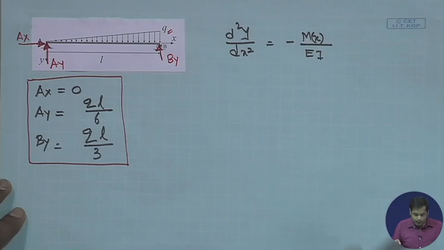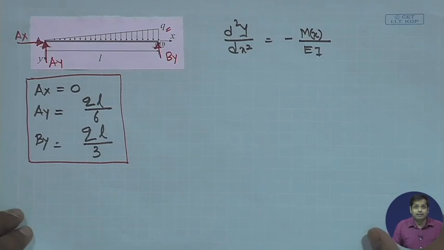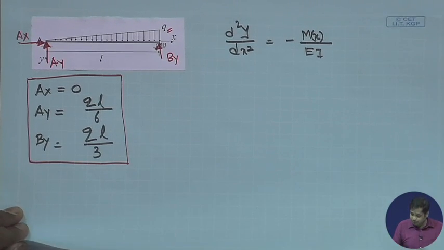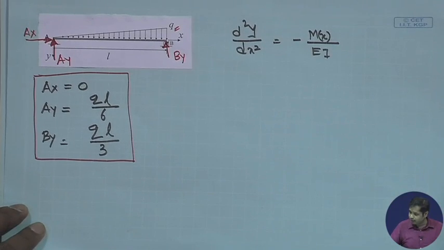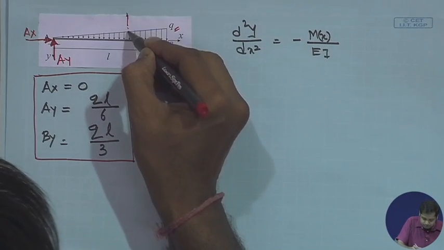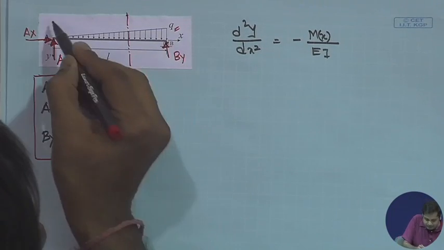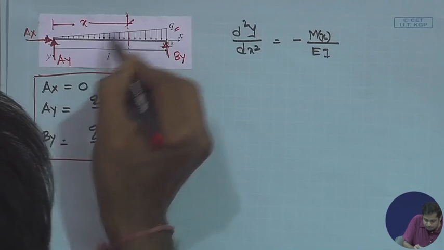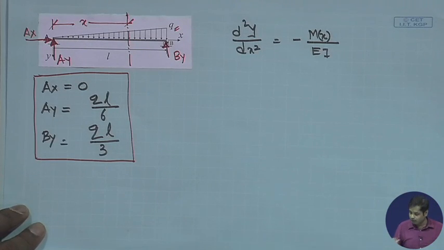Okay. Now let us find the expression for the bending moment. In order to do that, let's take a section at a distance x from A and draw the free body diagram of that section.